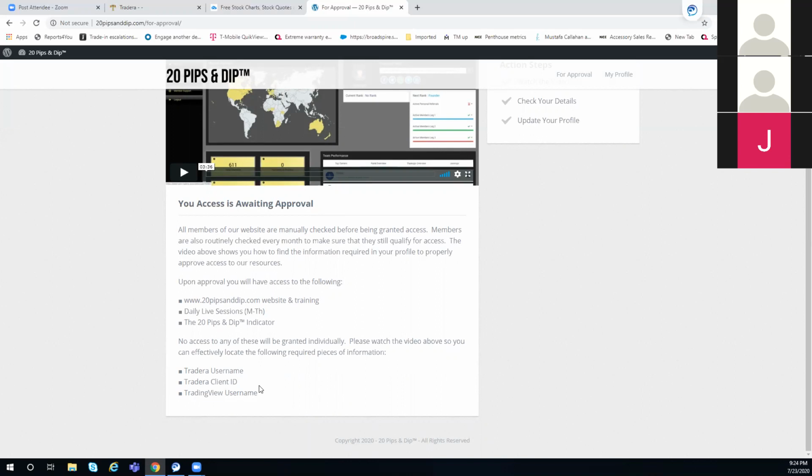People in other organizations in Tradera don't even have access to this, guys. This is limited to just a few of us, which is not many right now. Within 24 hours, you will get an email saying thank you, you've been approved. If you don't receive that email, it's possibly because you made an error with your username, client ID, or TradingView username. So it's important that you have that information and it's accurate.